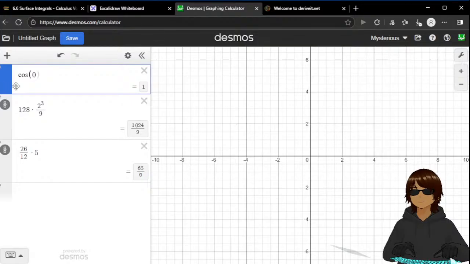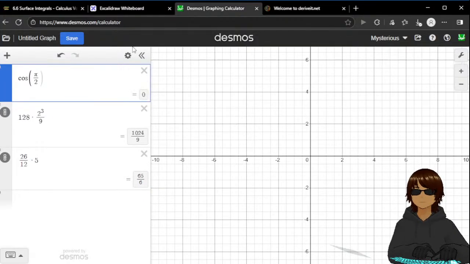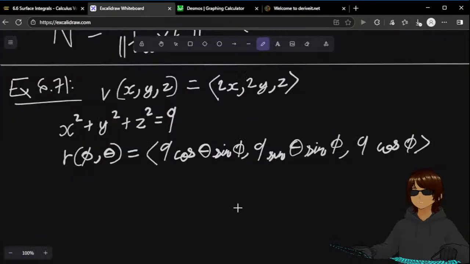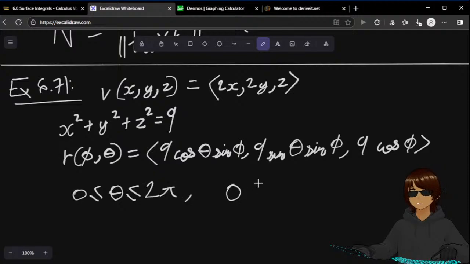Cos 0 is 1. Cos pi over 2 is 0. Okay, I understand. But z only changes from 1 to pi over 2.